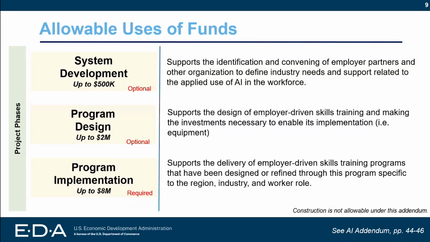This phase supports direct delivery of employer-aligned AI training, recruitment of participants, providing participant supports, and collecting data as a result of the training programs. Remember, you may start in any phase as long as you can demonstrate that the earlier phases have been completed. So you'll notice 2 phases are optional, but program implementation is required for all applications.